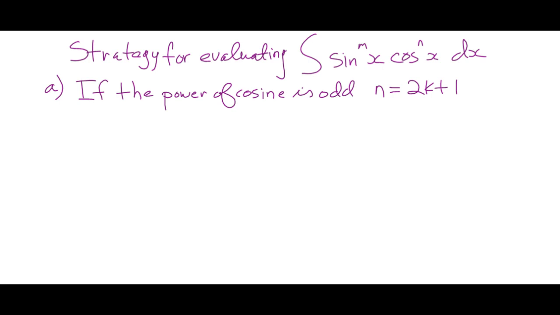So if it's odd, you want to save one cosine factor. Take the largest even power and have one remaining. If it was cos cubed, we want cos squared and then cos x. If it's cos to the fifth, you want cos to the fourth and a cos x.